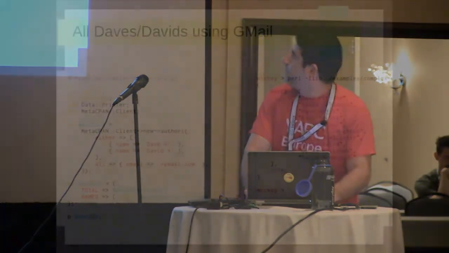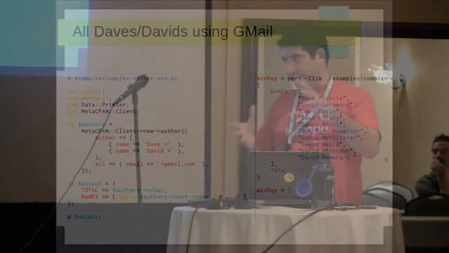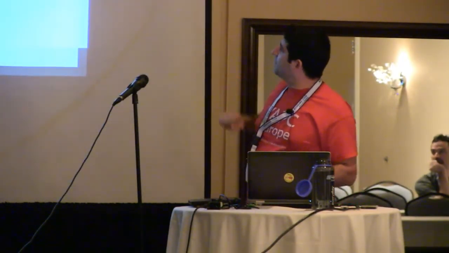Another way of adding some complexity to this query is saying, okay, we want either Dave or Davids, but we also want a restriction for all of them to have a Gmail in one of the email fields in the structure that comes with the author module, and this list contains only 17 in total.